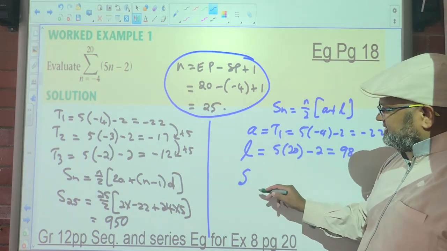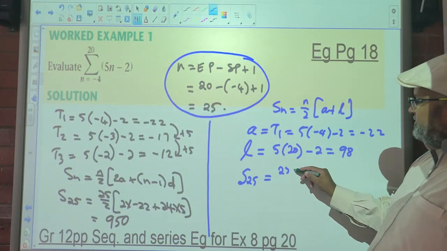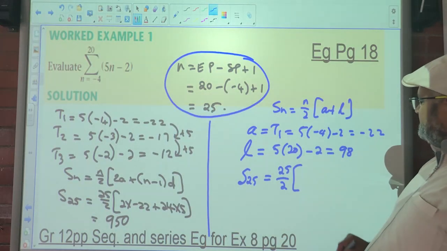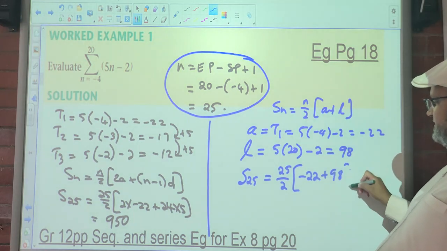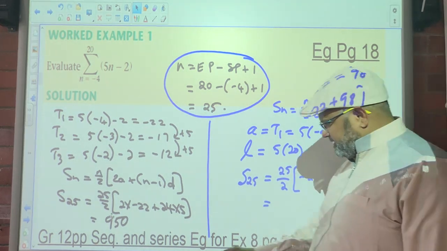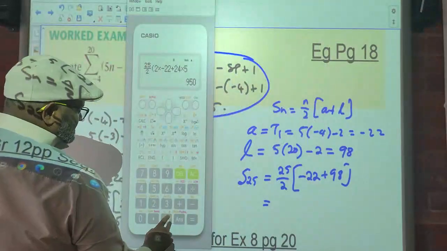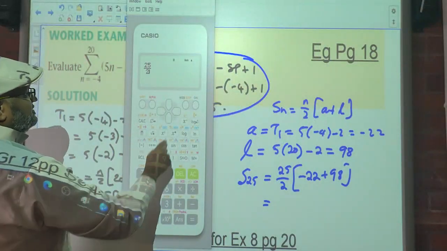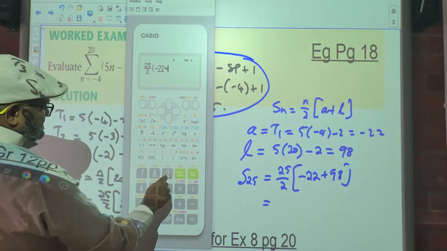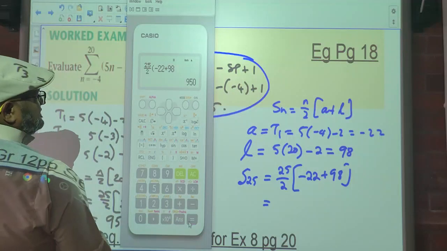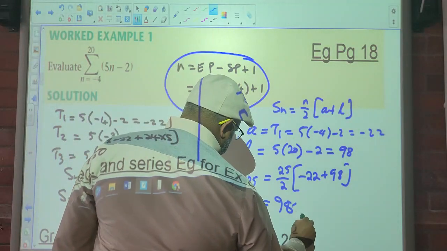Using that formula, S25 is equal to 25 over 2 into negative 22 plus 98. That's going to give you 25 over 2 into negative 22 plus 98, which is 950.